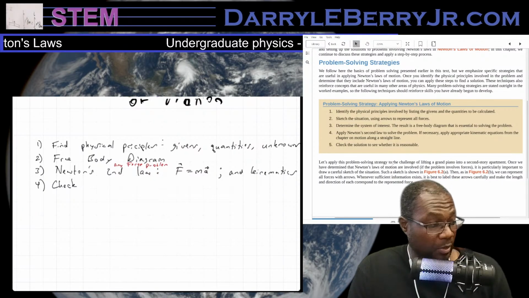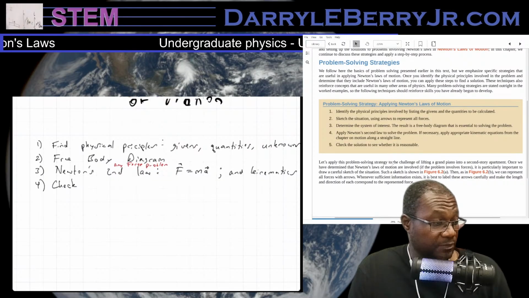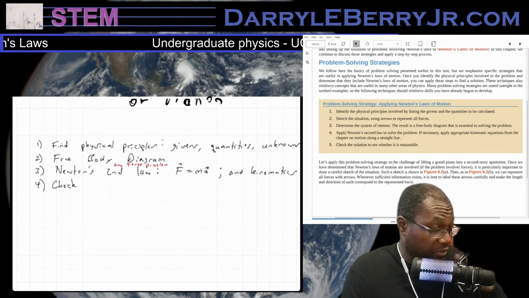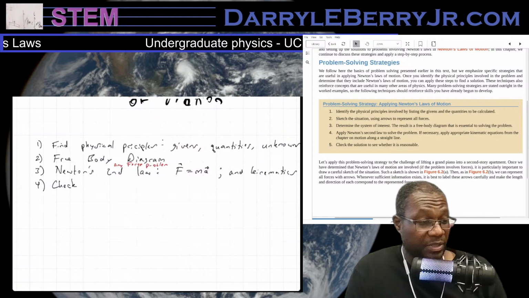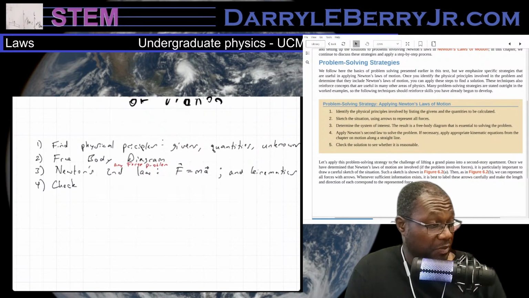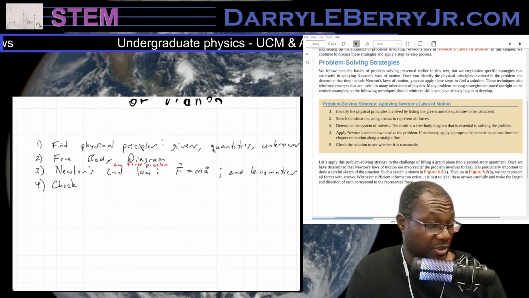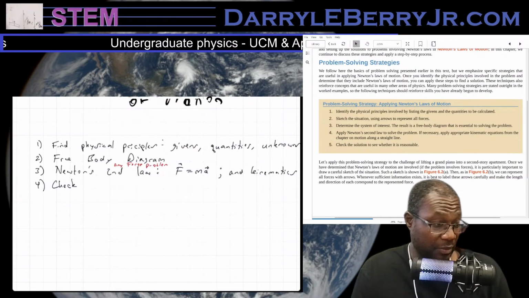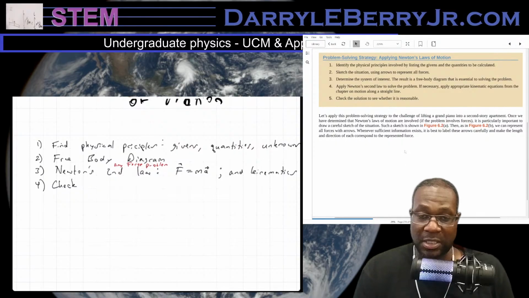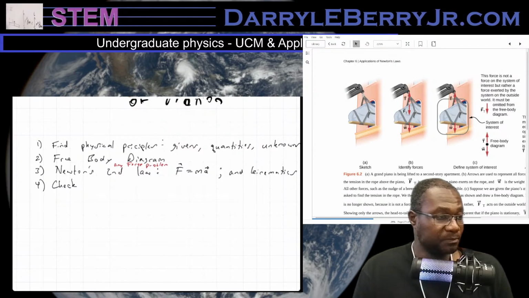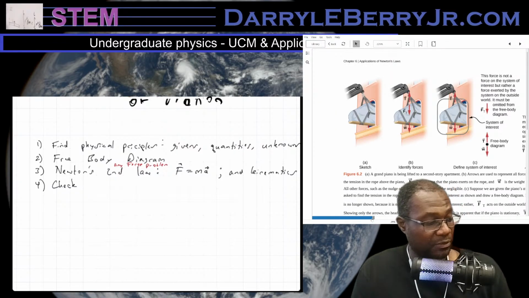It is particularly important to draw a careful sketch of the situation. Such a sketch is shown in figure 6.2a. Then, as in figure 6.2b, we can represent all forces with arrows. Whenever sufficient information exists, it is best to label these arrows carefully and make the length and direction of each correspond to the represented force, taking into account the length of the arrows.